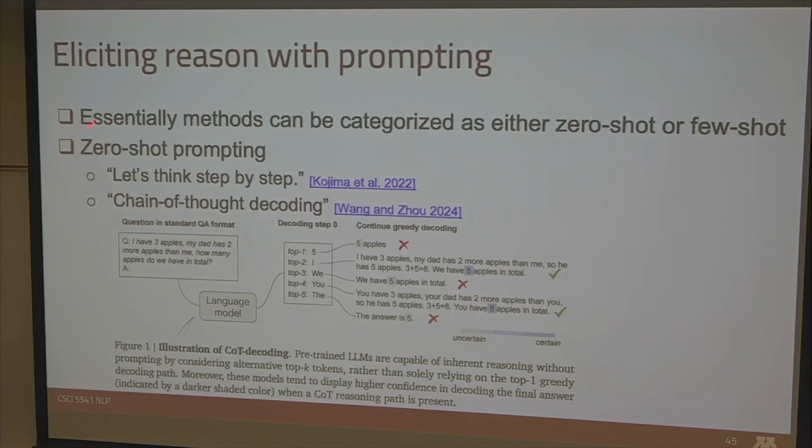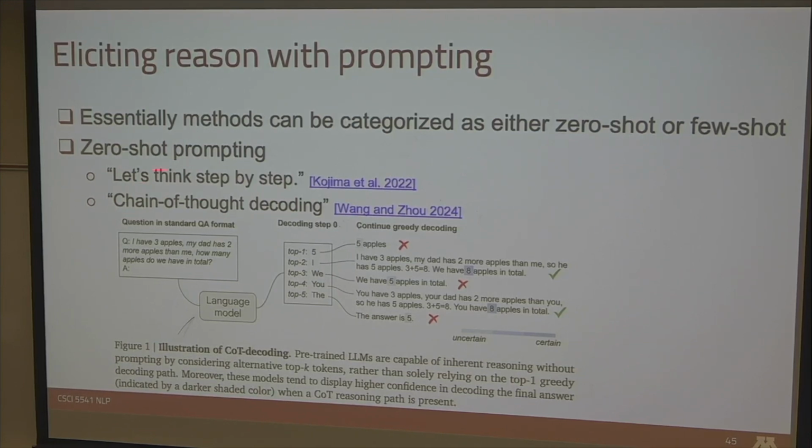Okay, so let's take a look at eliciting reasoning with prompting approaches first. In the previous lectures, I think you have learned about zero-shot prompting and chain of thought prompting, and this is in the context of doing reasoning. Zero-shot prompting means that you're not giving any examples. We're just asking the models to do the task.